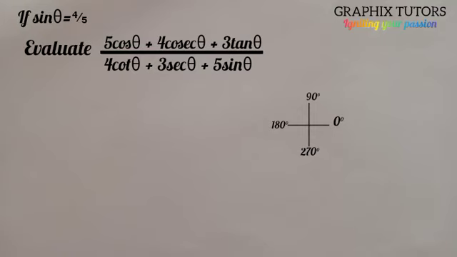In between 90 and 180 is my second quadrant. In between 180 and 270 is my third quadrant. And in between 270 and 360 is my fourth quadrant. In the first quadrant, all the specific trig functions are positive.